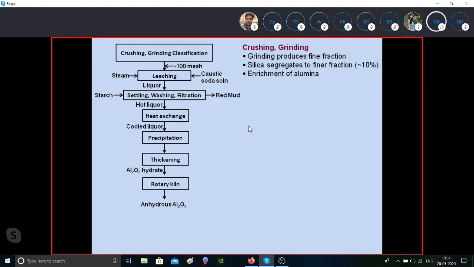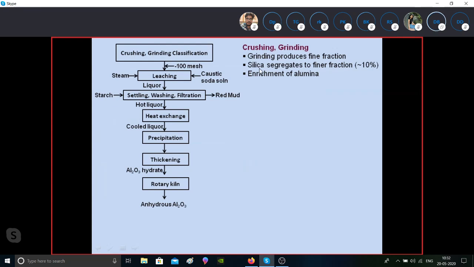My first stage of crushing and grinding is important because, suppose we start with ore which contains around 1.5% silica, during crushing and grinding a certain amount of finer fraction, as fine as minus 100 mesh, is generated. If we analyze that minus 100 mesh, we find that silica gets segregated in the finer fraction.